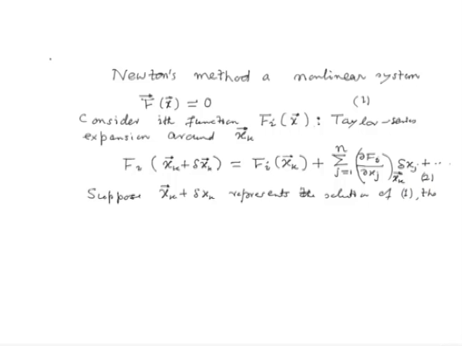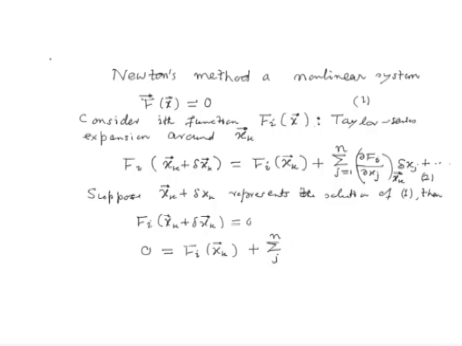So then f_i at xk plus delta xk would be 0. So the left hand side is 0, and on the right hand side we have f_i at xk plus sigma j is equal to 1 to n.